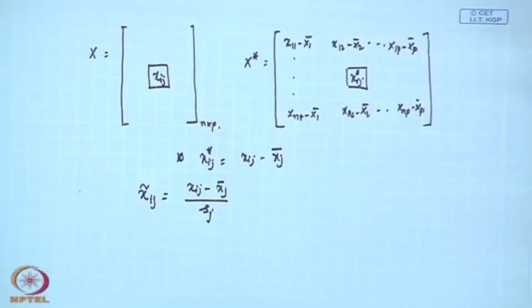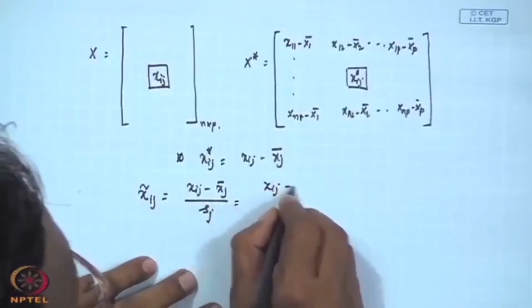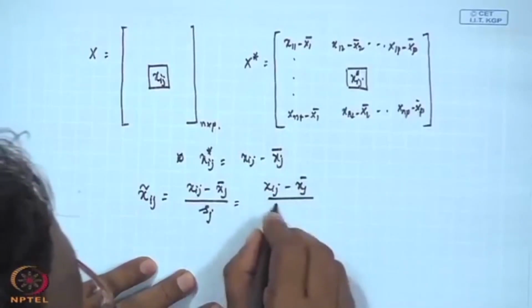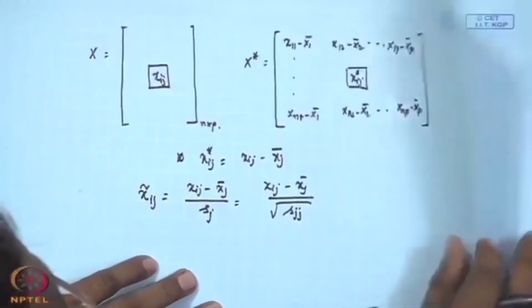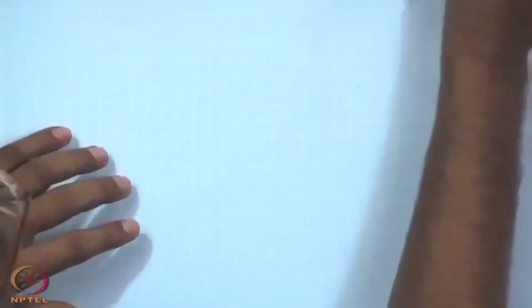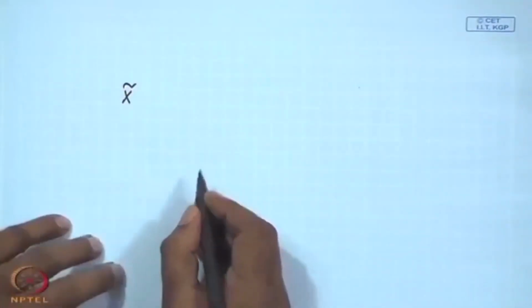You are first finding out the mean subtracted values, then dividing it by the corresponding standard deviation. I can write it like this: xij minus xj bar by square root of sjj. Okay. If you follow this, then you will create a matrix which is x tilde.